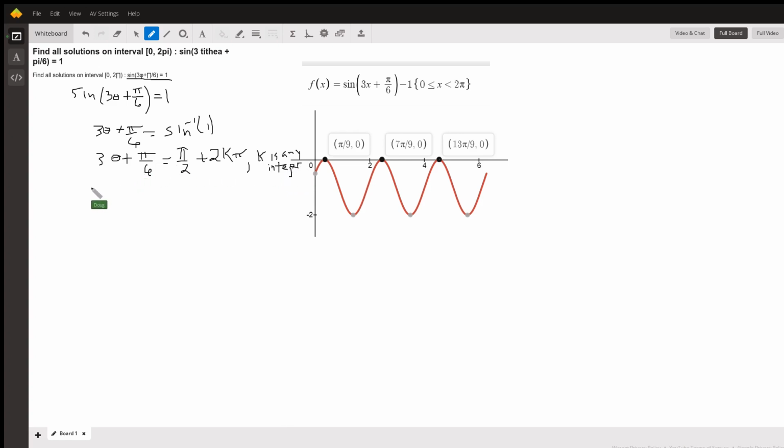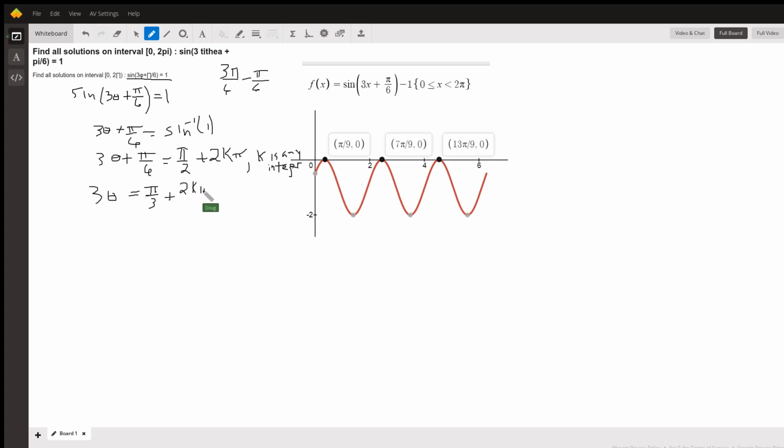Now, if I subtract pi over 6 from both sides, I'm starting to isolate theta. If I subtract pi over 6 from pi over 2, that's like pi over 2 is 3 pi over 6, minus pi over 6 is going to give us 2 pi over 6, which is pi over 3, plus 2k pi, k any integer.